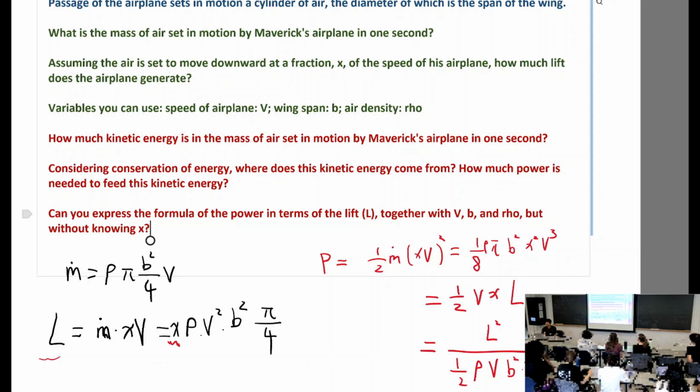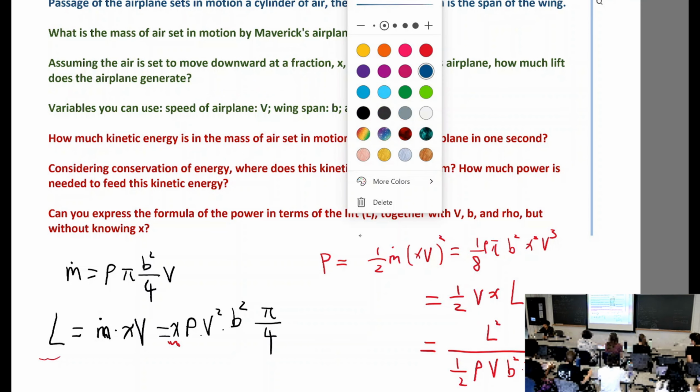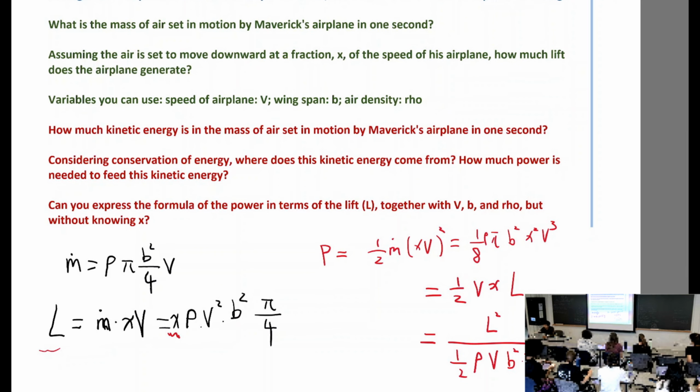So it's a little bit different from here. And let me do something that can bring your memory back a bit more. Let me divide this power by the velocity of the airplane. That is going to be L squared divided by half of rho v squared b squared pi.